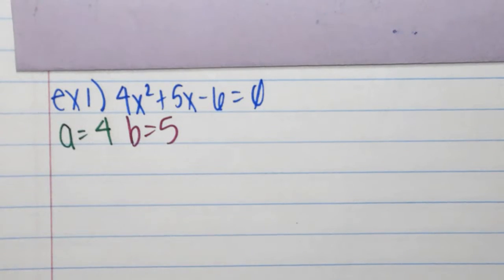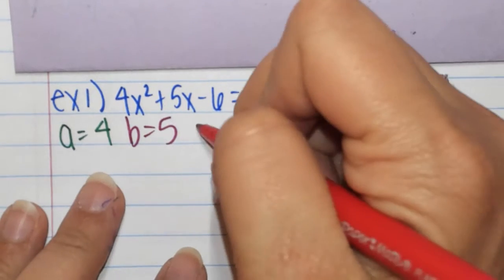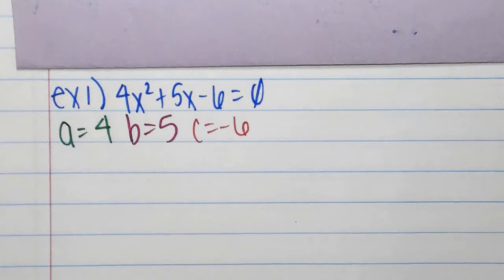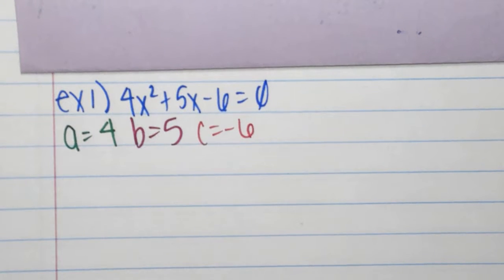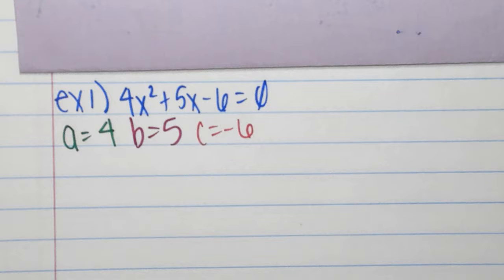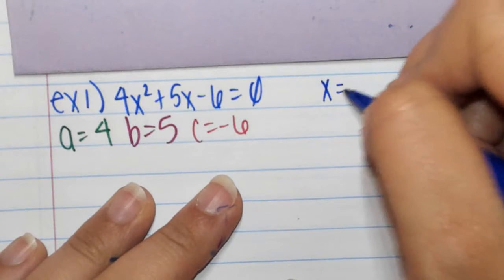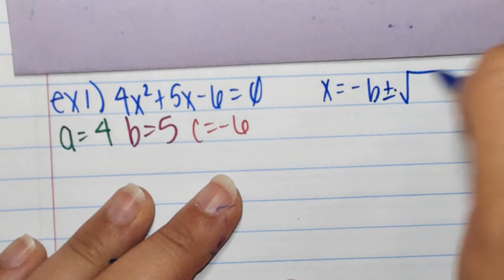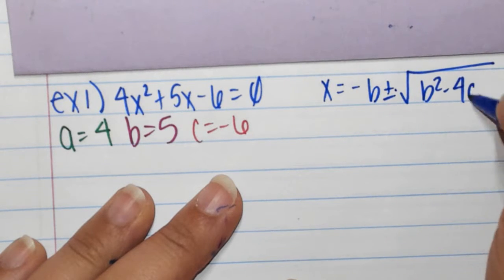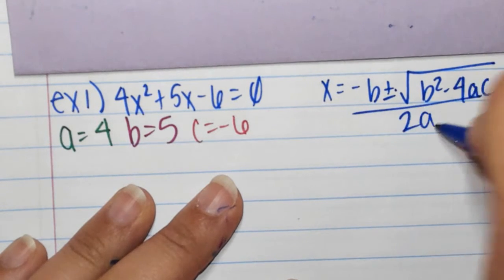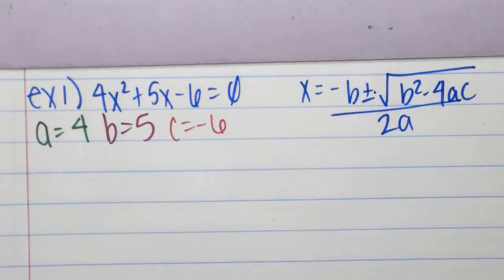And what's C? Alright, besides Curtis, what is the quadratic formula? Because that's how we're solving this. X equals opposite of B plus or minus square root of B squared minus 4AC, all divided by 2A. Next point. Take a point if you said it.